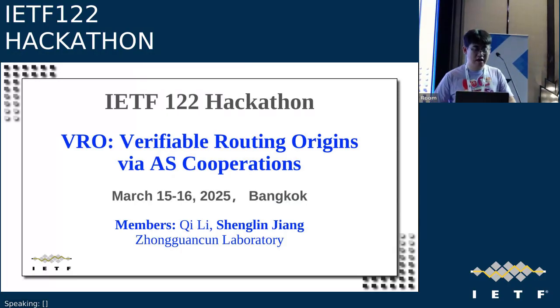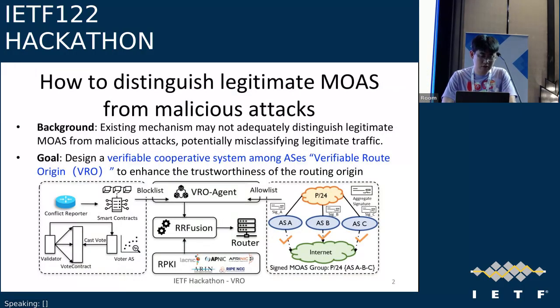Okay. Hello everyone. This is the VRO project, verifiable routing origins where AS cooperate. I'm Shenglin Jiang. To solve prefix hijacking, some solutions were introduced, but these systems face challenges in distinguishing legitimate from malicious attacks. So the hackathon aims to design a verifiable cooperative system among ASes, called VRO, to enhance the trustworthiness of the routing array.